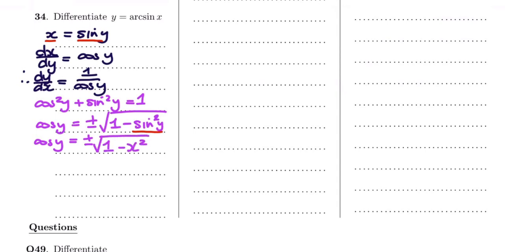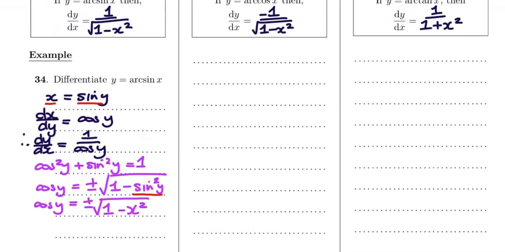Now, if you look at the formula at the top, you will notice the square root that we've got is the positive one. That is to do with the gradient of the arcsine graph. If you draw the arcsine graph, you will notice it's an increasing function, and therefore its gradient is always positive.